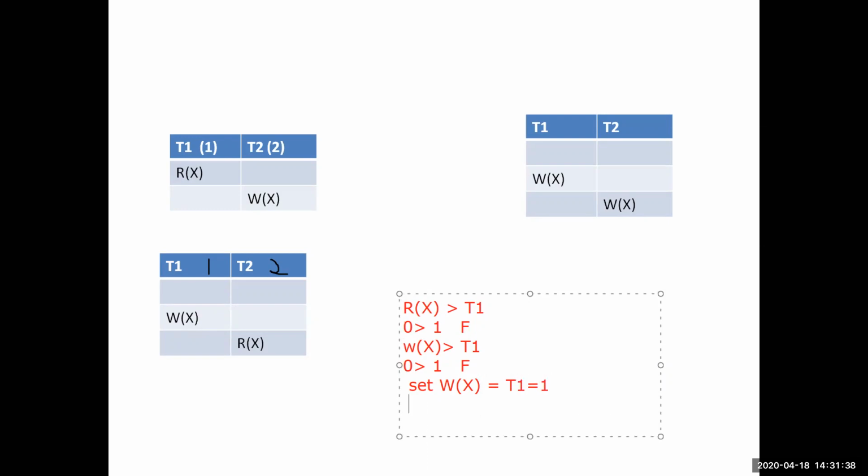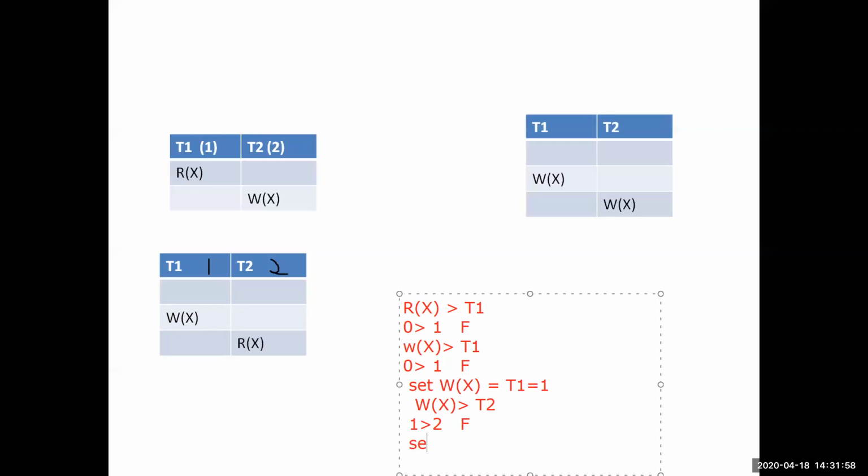Now I'll check the T2 condition, that is read of X. For read of X, I need to check only one condition: is write timestamp of X greater than T2? That means is 1 greater than 2? The answer is no, that means false.